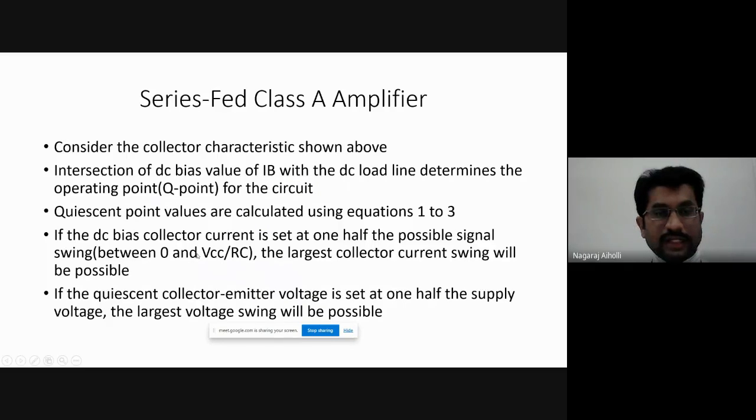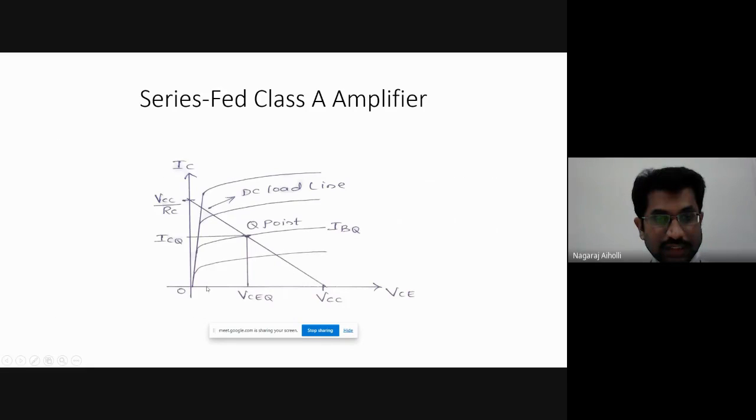If the DC bias collector current is half the signal swing, that is, if it is in between 0 to VCC by RC, then the swing is the range from the positive to the negative signal.